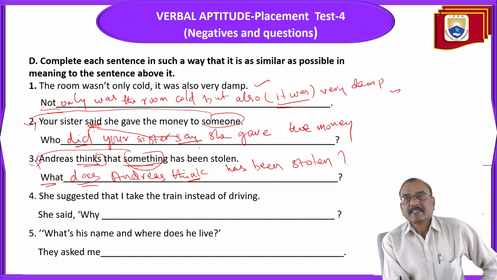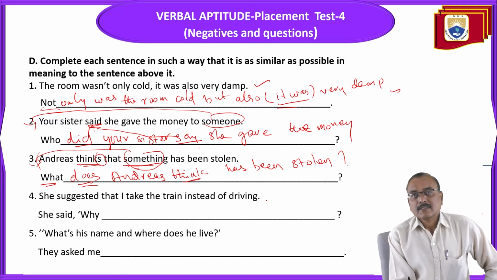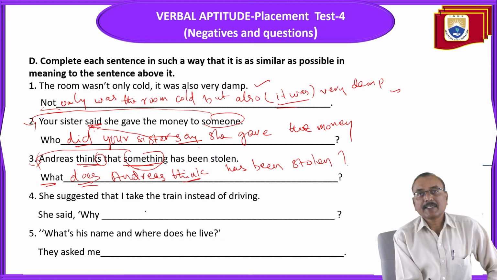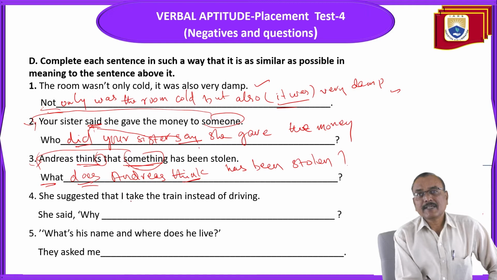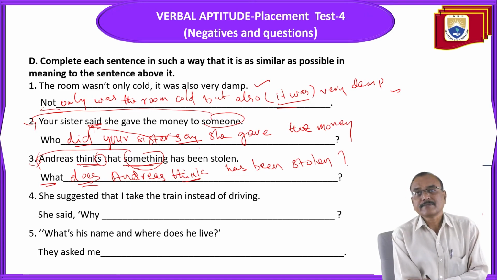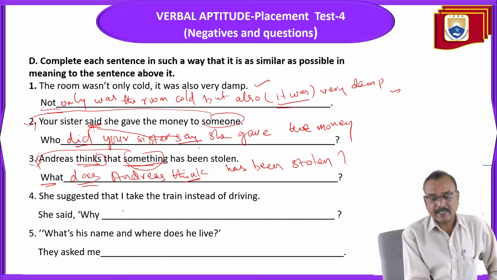Fourth one. She suggested that I take the train instead of driving. So here it should be written in direct speech. She said here. So it should begin with why. In a suggestion, why do you frame a sentence of suggestion with why? So here can we go with why don't you take the train? Yes, you can.